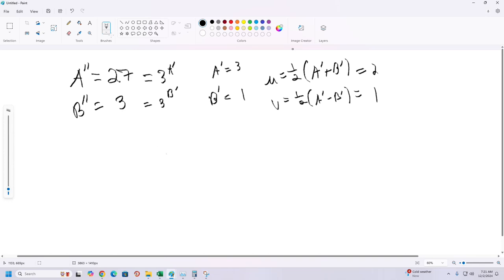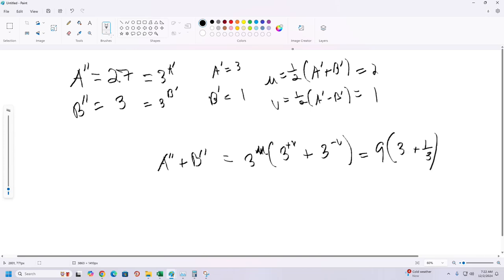What this means then is that A double prime plus B double prime is equal to 3 to the U, which is 3 squared, times 3 to the positive V plus 3 to the negative V, which is equal to 9 times 3 plus 1/3.